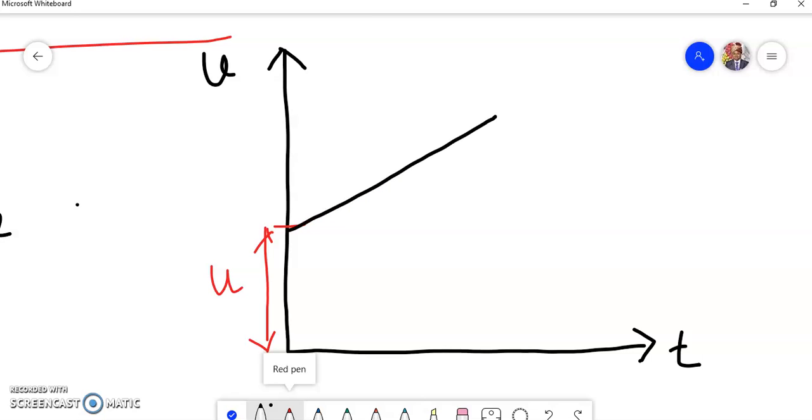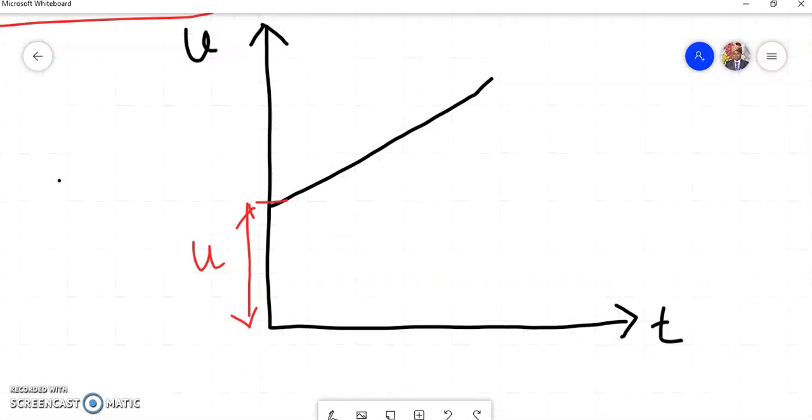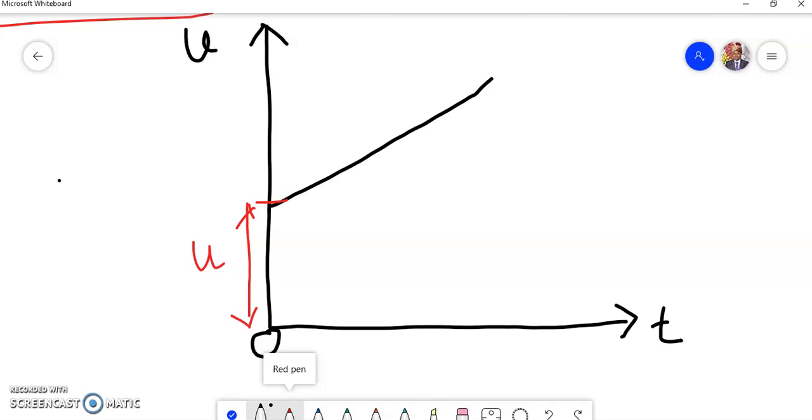Now we have to mark certain points here. What are those points? Let us see. Initially time is 0, and after a certain period of time, time will be this small t.